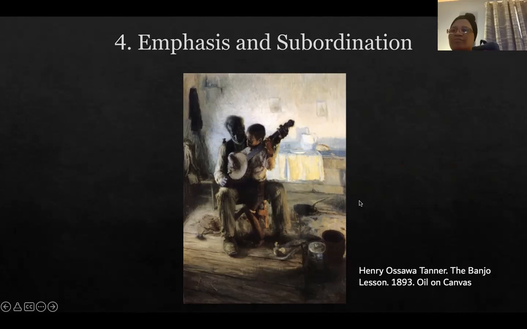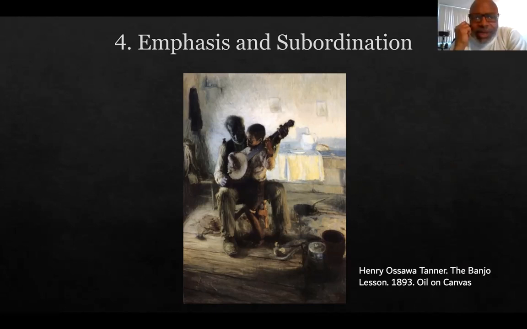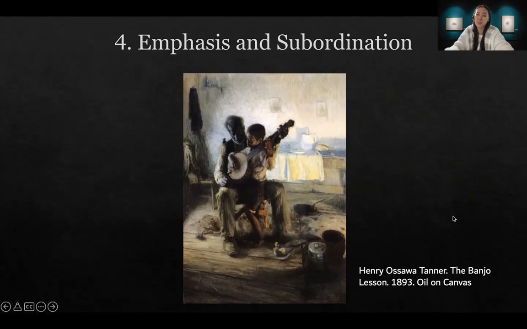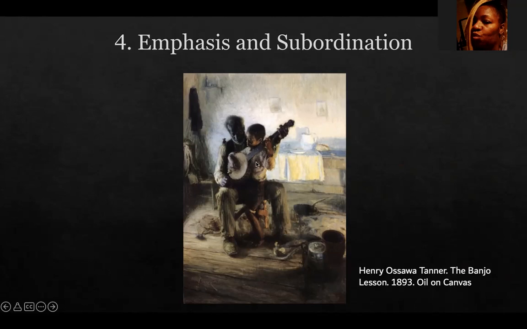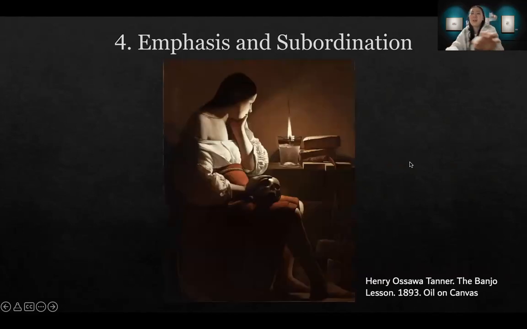The little boy and the instrument. Yes, that's right. Very good. How about the subordination? The background, the music, the table. Yes, that's right. The whole background can be subordination. Very good.